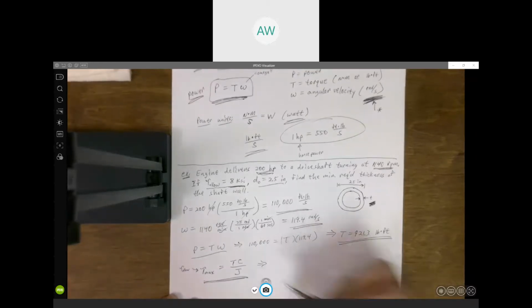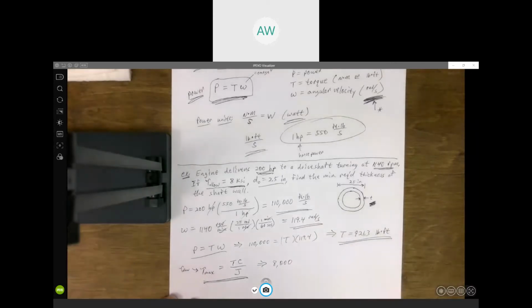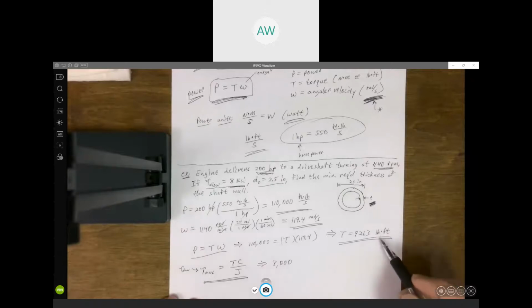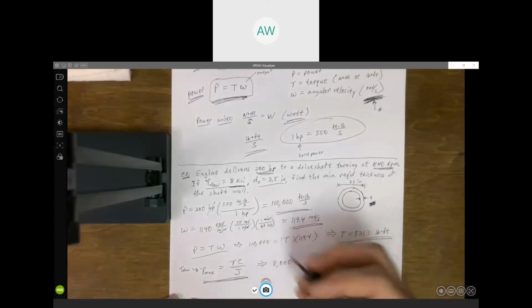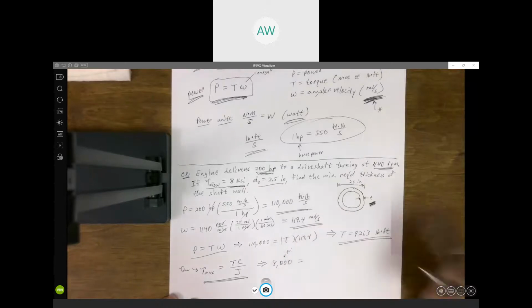So tau max, we're going to set, and be careful again with units. That's a KSI. My torque is in pounds, not kilopounds. So I have to do one of two things. I either have to get this in kip-feet, or I have to convert the 8 KSI into PSI. I'm going to go with the 8,000. Again, this will be PSI, pounds per square inch, since my torque over here is in pounds.